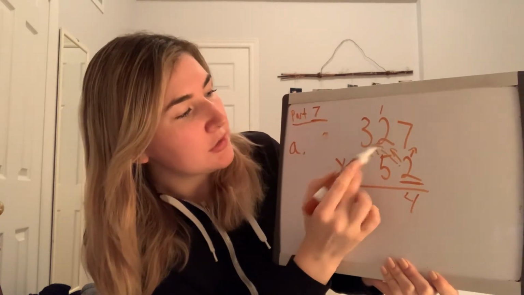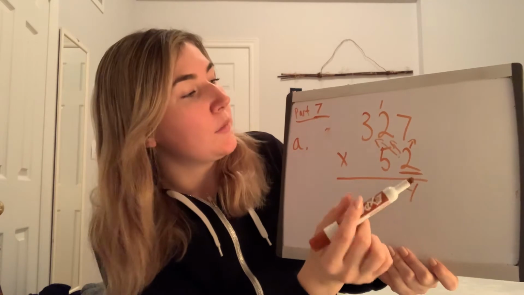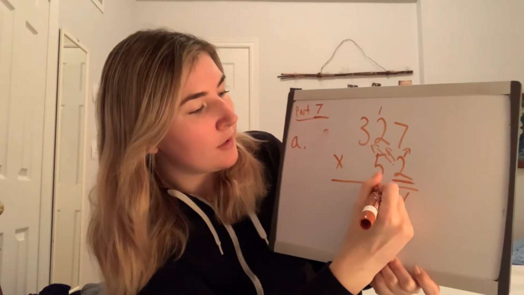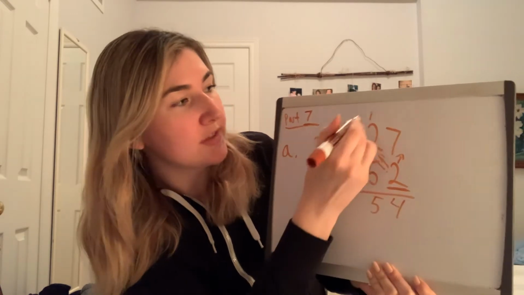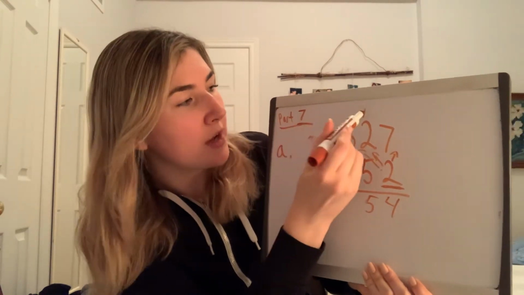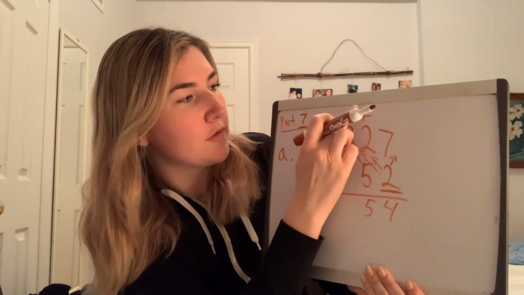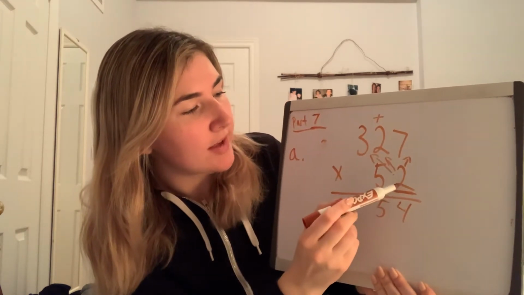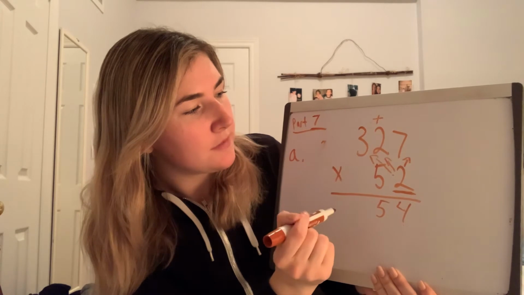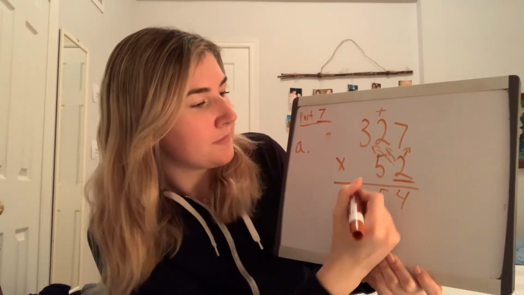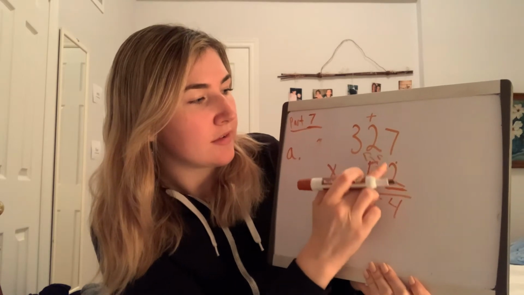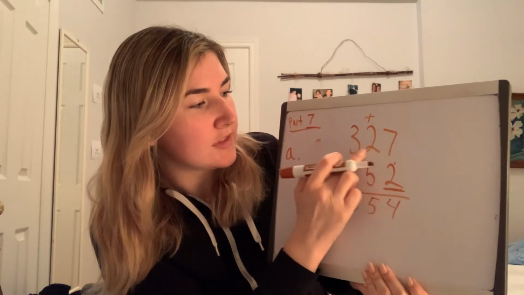And then we have 2 times 2, which is 4, plus the 1 on top, which is 5. Now, since we've already used the 1 on top, I'm going to cross it out so we don't get confused on our next step. And then our last one, we're doing 2 times 3, which is 6. And then we're finished multiplying our first digit.